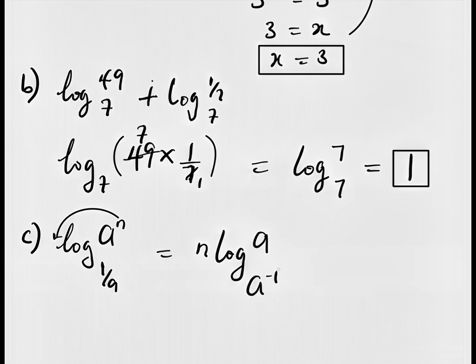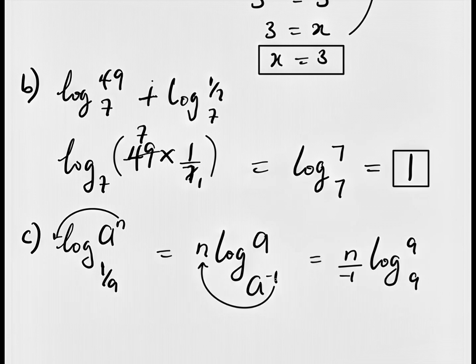Now we need to get rid of this negative 1. So we move it here to become the coefficient of the log, but now as the denominator. So we have n over negative 1 log a base a.